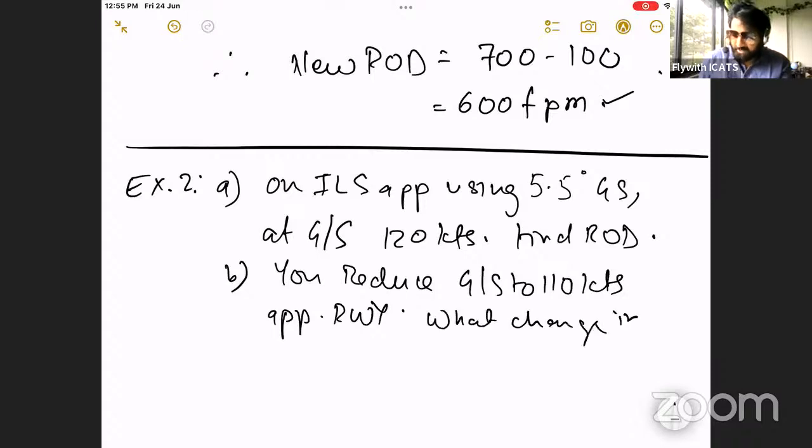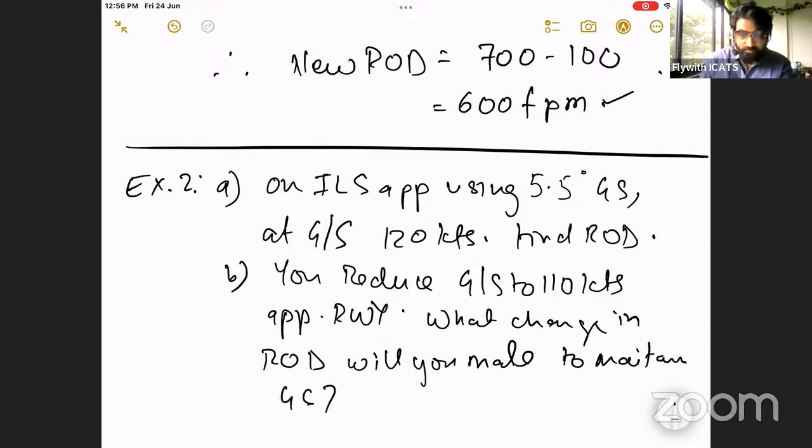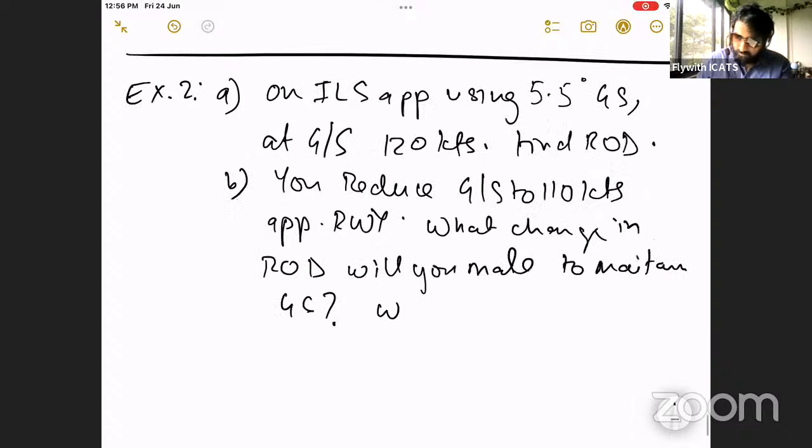What change in ROD will you make to maintain glide slope? What is new ROD?